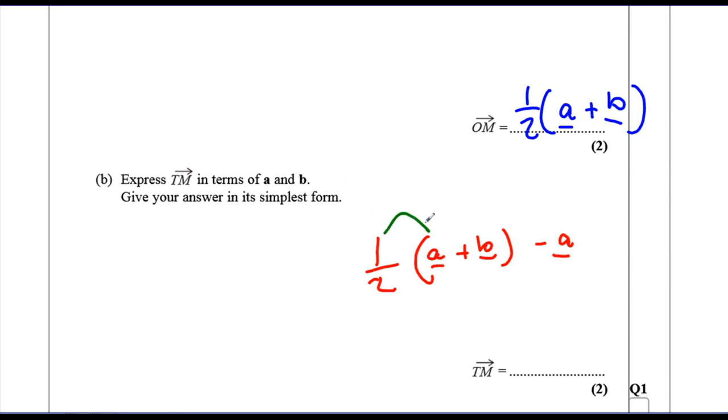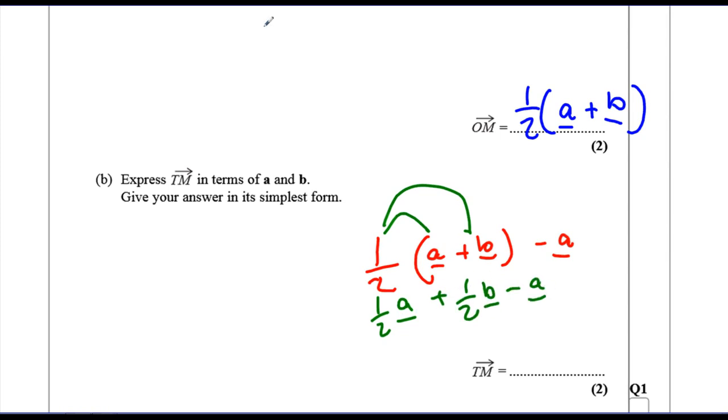Right, let's multiply out brackets. So half of A and half of B, which is the same as a half of A plus B, basically. Okay, you could draw yourself a little diagram to convince yourself, but I've already waffled on for quite a long time. I want to actually get some marks in the bag to help you out.